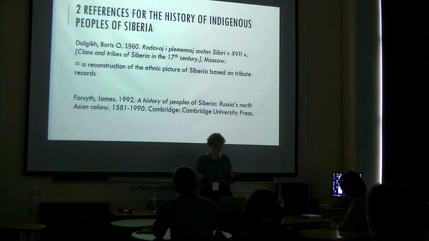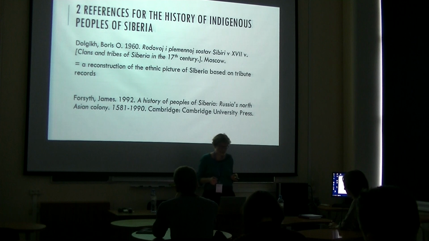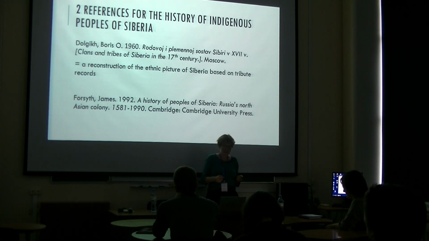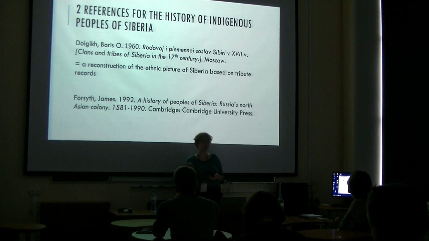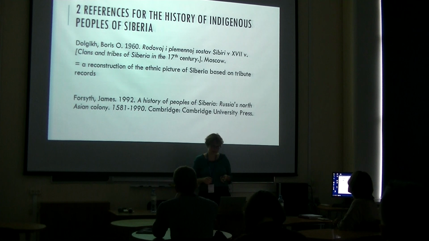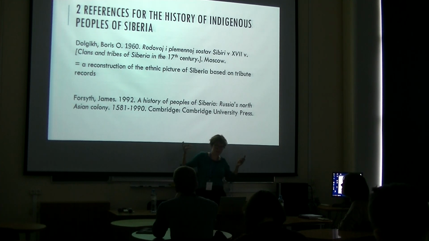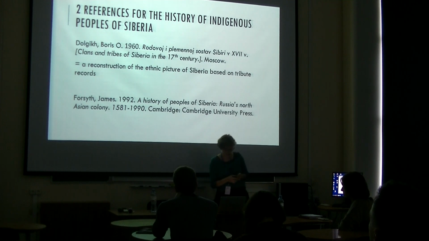And basically they called people by their clan names, because that's how they introduced themselves. And they also wrote down very carefully where this person came from, like names of rivers, of some important parts of the landscape. And that's how the ethnic history of Siberia can be reconstructed for the 17th century.